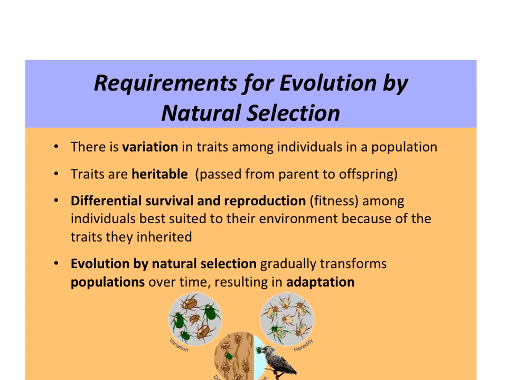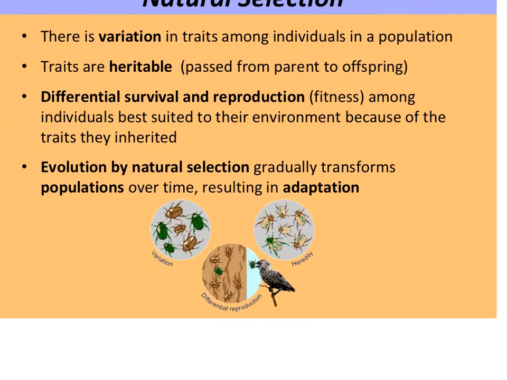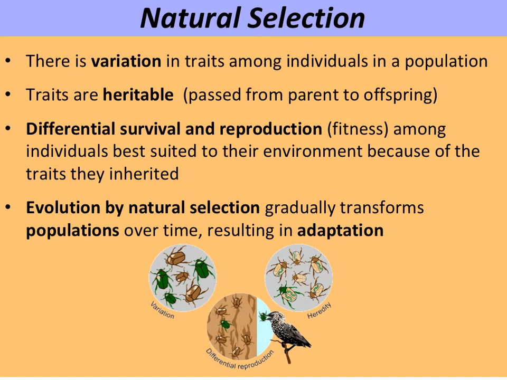Now, requirements for evolution by natural selection. These are the requirements. If you've done the Darwinian snails, you know this stuff. This is important. A population has to have variation. Okay? Here, variation.